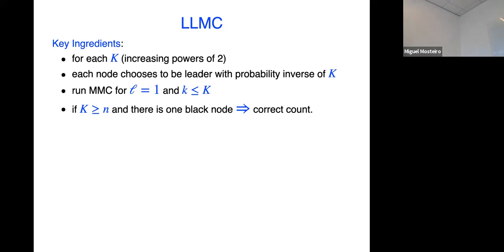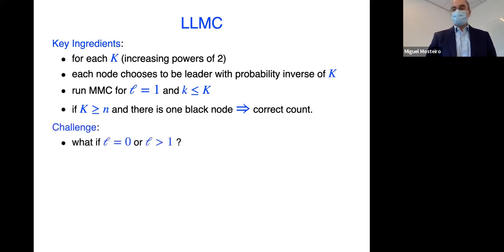And so we try powers of 2 for the number of epochs, the number of estimates that we try. All nodes make a random choice of leaders. We assume that there is exactly one leader. We run the methodical counting algorithm up to this capital K for L equal to 1. If K is bigger or equal than N, and there is exactly one black node, by the correctness of the methodical counting algorithm, we get the correct count.